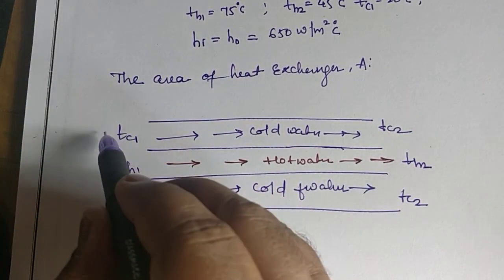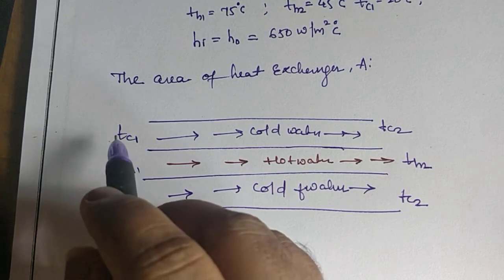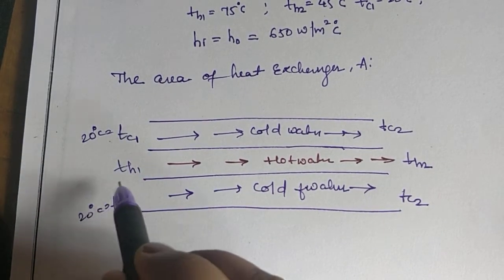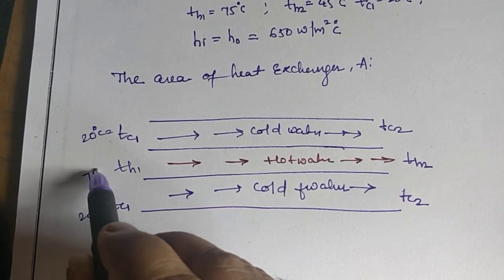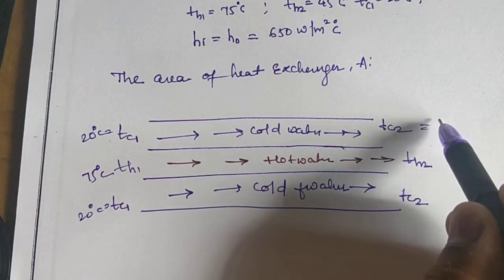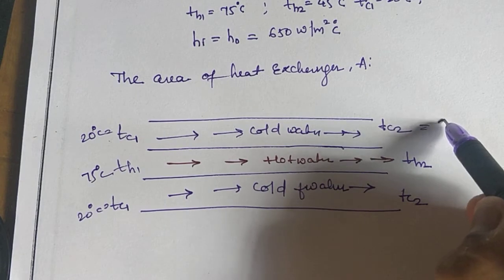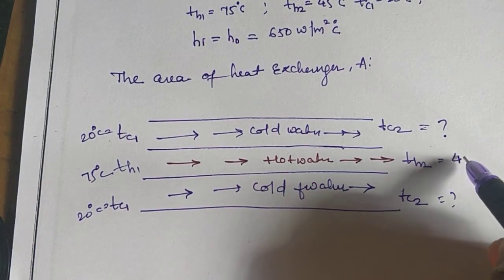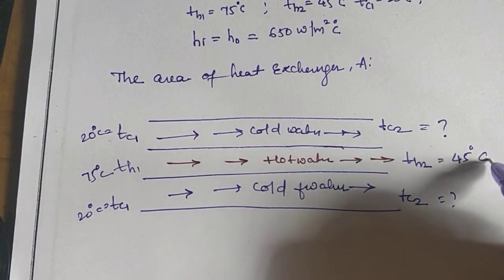The inlet temperature on the cold side is already given, that is 20 degrees centigrade, and on the hot side it is 75 degrees centigrade. The outlet temperatures we don't know. First we need to find out this one, 45 degrees centigrade.